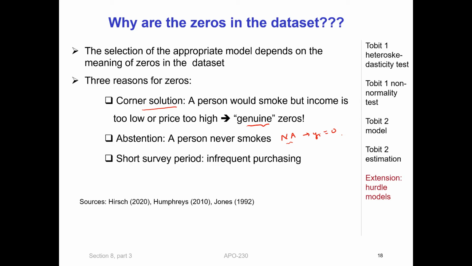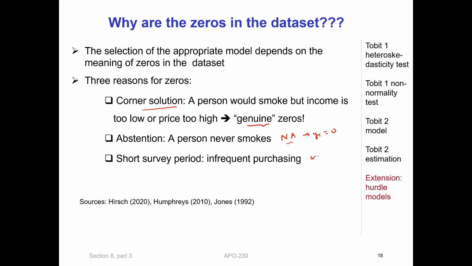The missing data, NA, can also occur if the survey period is just too short, especially if you ask about durable goods consumption, like a car. You ask someone, have you recently bought a car? And recently maybe means the last 3 months.